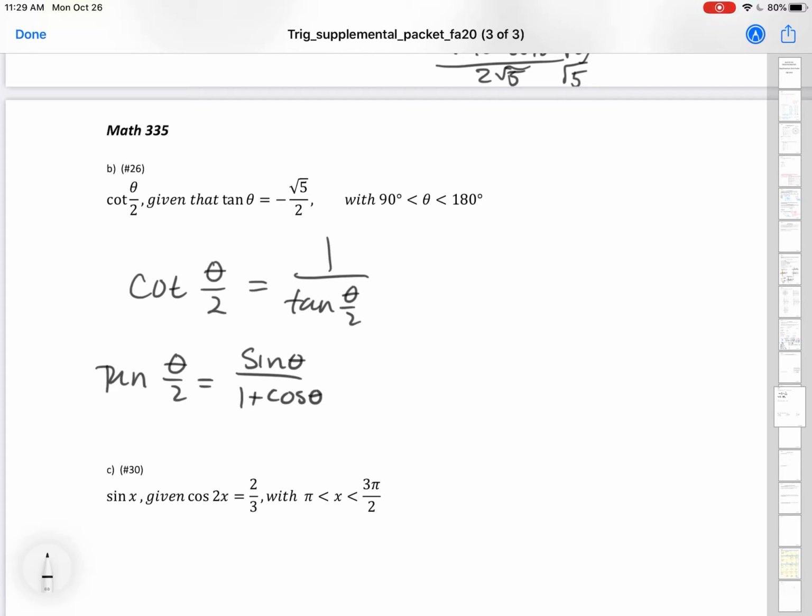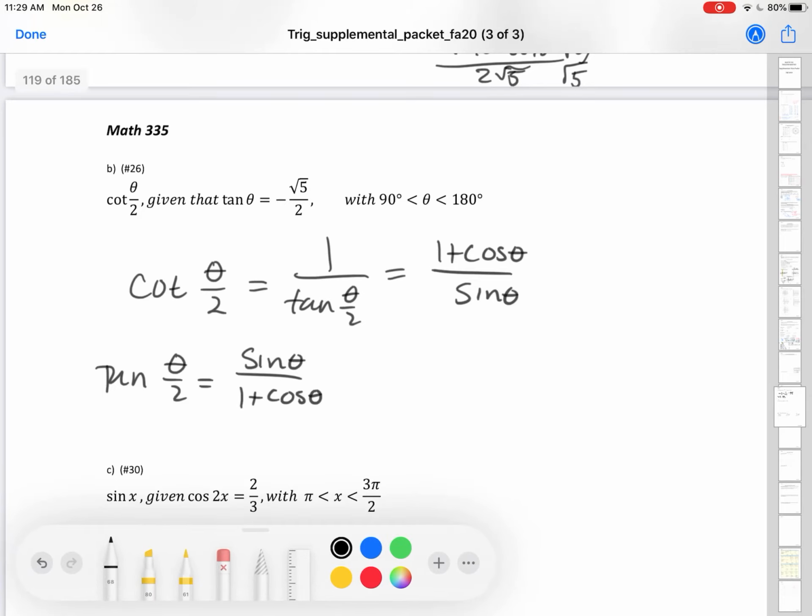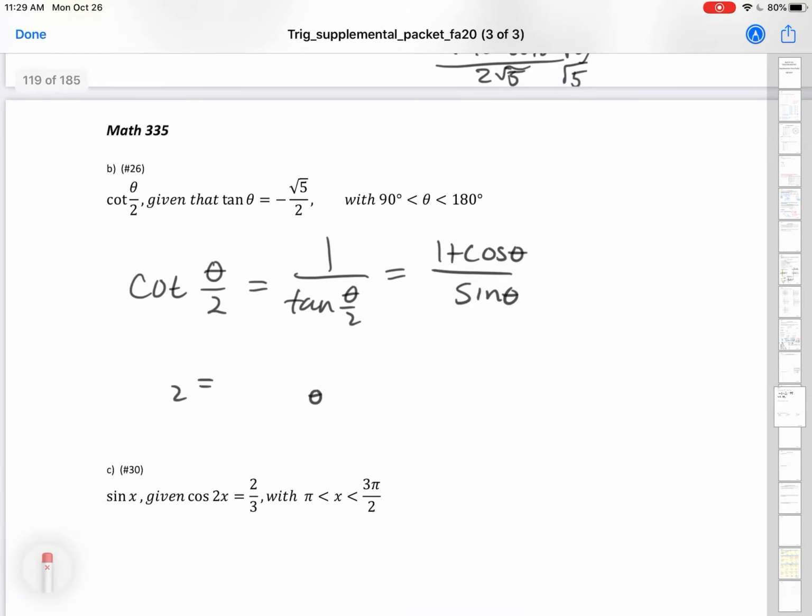Well, that means cotangent of theta over 2 would be equal to 1 plus cosine theta all over sine theta. It would flip those two, because that's all that would happen is a flipping of those guys. So then the question is, well, what is sine theta?